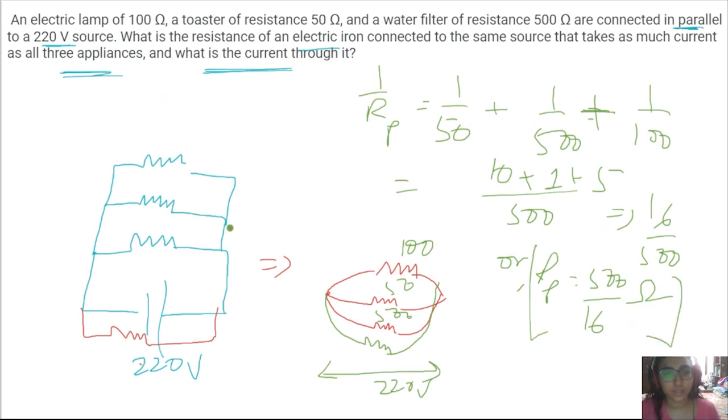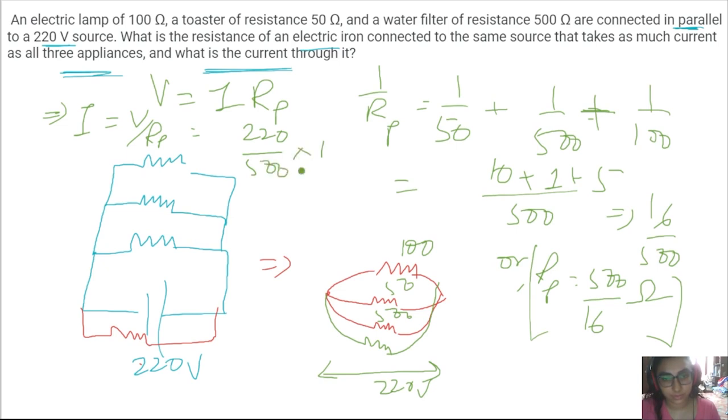So now I think we can calculate the current flowing through all the resistances together. So that is V equals I Rp, or I equals V by Rp. V is 220 and Rp is 500 by 16.